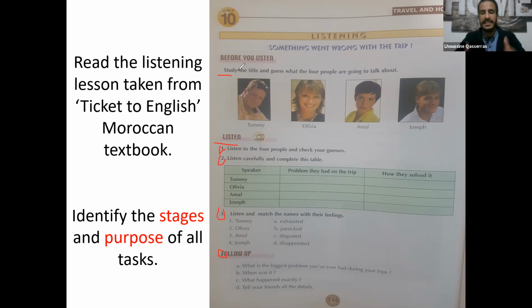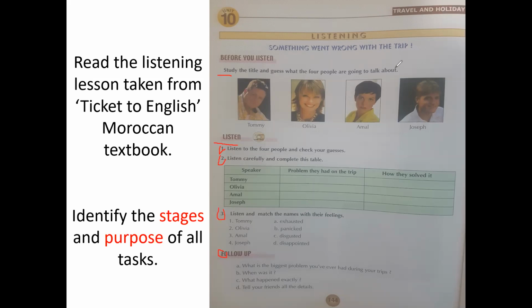Good. Pre-listening. Thank you. Now, for all of you, what is the purpose of this exercise? Study the title. Guess what the 4 people are going to talk about. What do you think the purpose is?